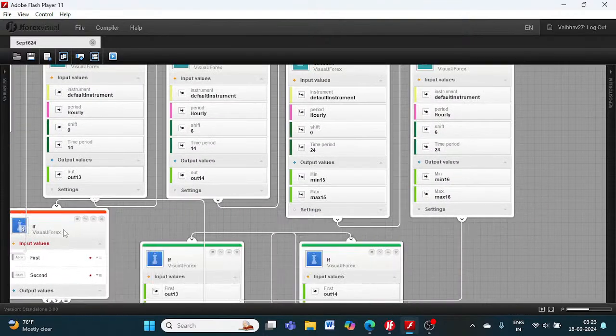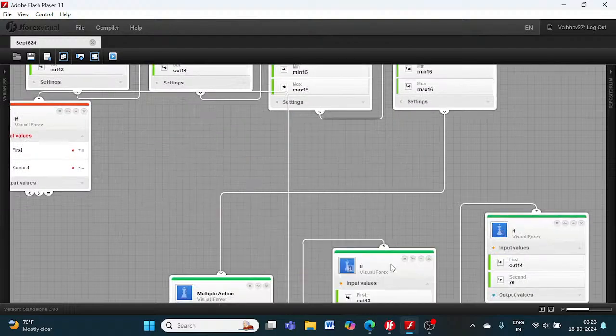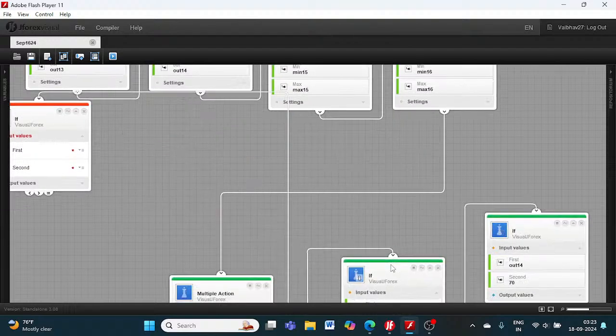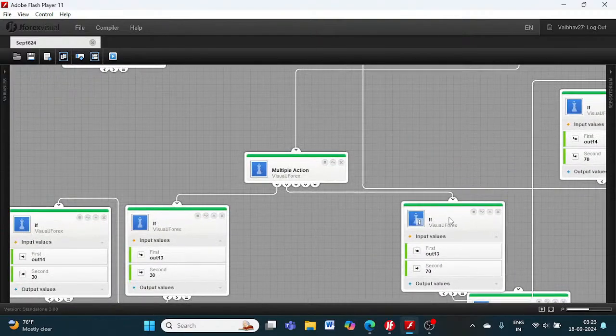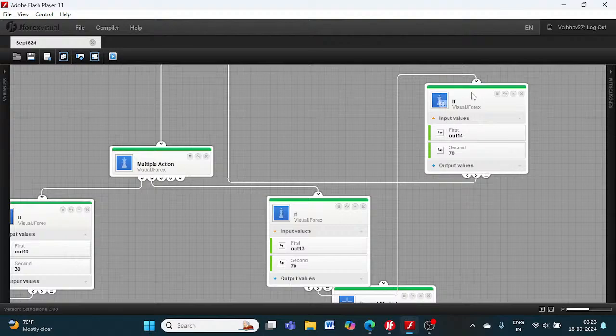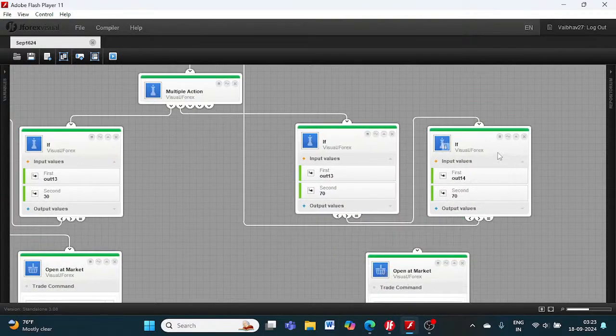For the filtering mechanism, we have to ensure that no multiple trades take place if the momentum is strong. For that, I am going to add the conditions revolving the minimum output value.